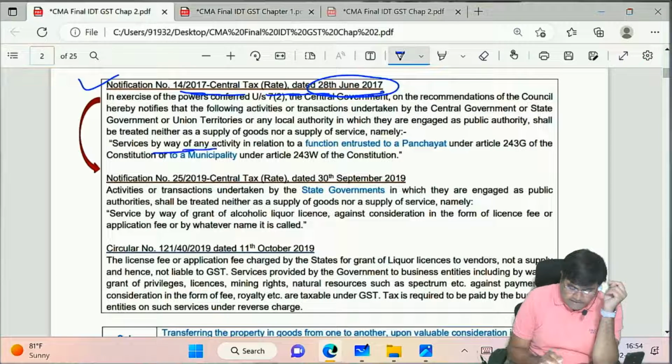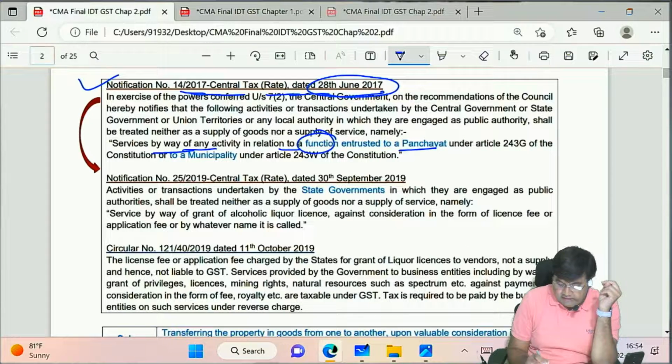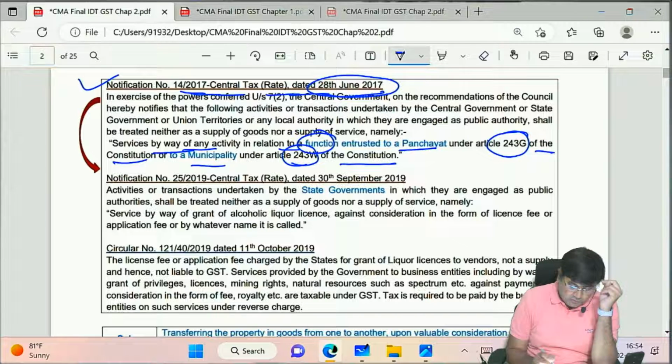Services by way of any activity in relation to a function entrusted to a panchayat under Article 243G of the Constitution or to a municipality under Article 243W of the Constitution. You don't need to remember this Article 243G.